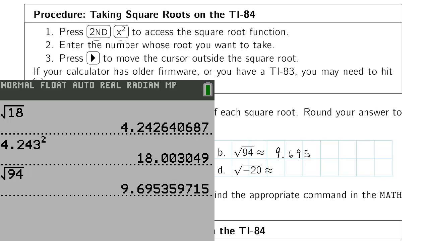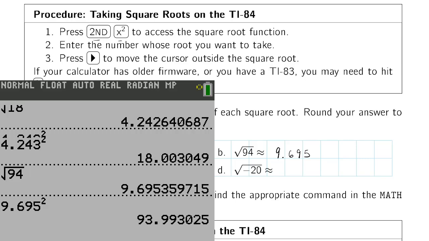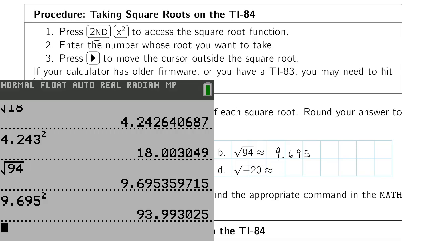And I'm going to confirm again this does what I want a square root to do, right? 9.695 squared. Again, not exactly equal to 94, but very, very close. The reason it's not exactly equal is that this number is rounded.